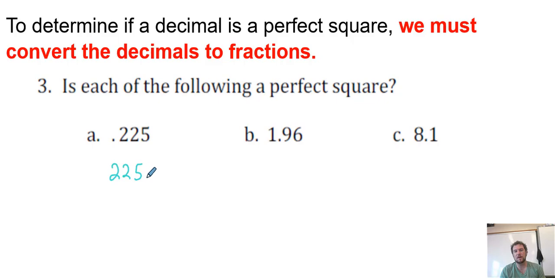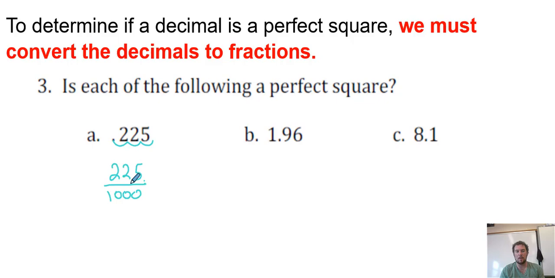Now, the decimal was right after the 5, so how many times did it have to move? Once, twice, 3 times. So it's going to be over 1,000. Moving it once is 10, moving it twice is 100, moving it 3 times puts it over 1,000.